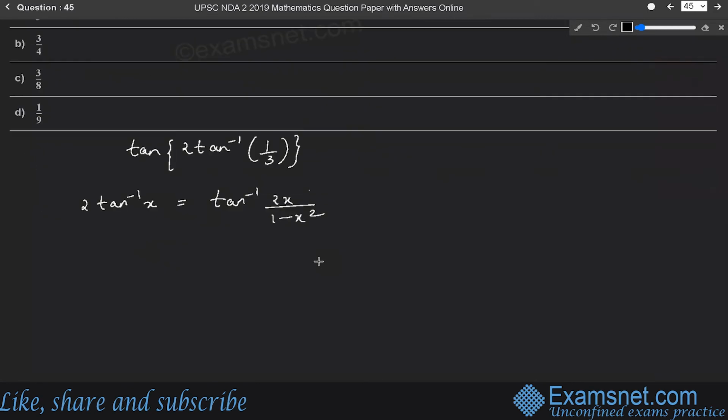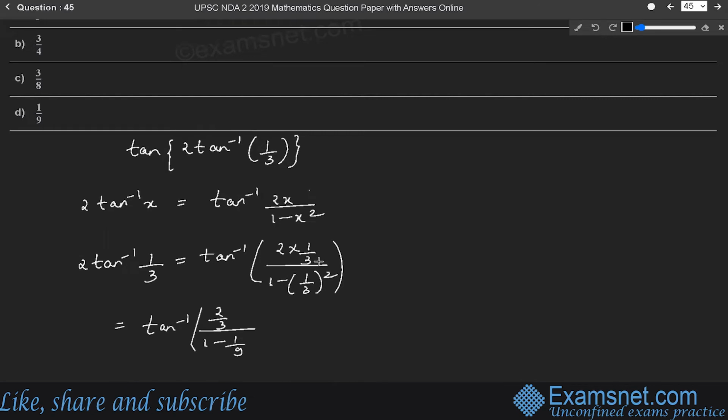So applying this formula here, 2 tan inverse 1 by 3 will be equal to tan inverse 2 into 1 by 3 divided by 1 minus 1 by 3 whole square. So this will be equal to tan inverse 2 by 3 divided by 1 minus 1 by 9. So it will be equal to tan inverse 2 by 3 divided by 8 by 9.